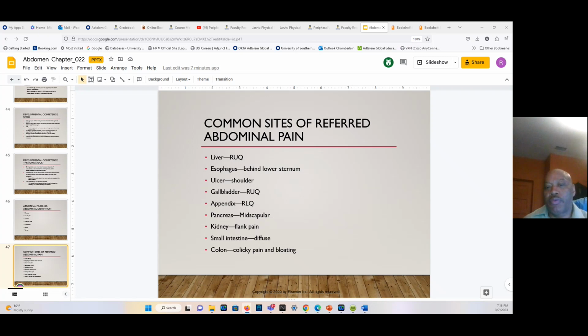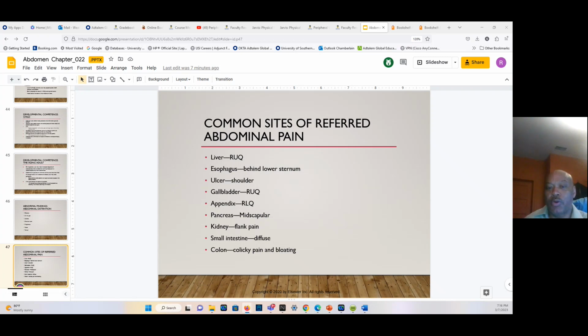Common sites of referred abdominal pain. This is going to be very helpful for you because oftentimes when we're assessing patients, we think that the pain should be exactly where we are inspecting. So we'll palpate, let's say, the pancreatic area, and we think the pain should come directly from that area.